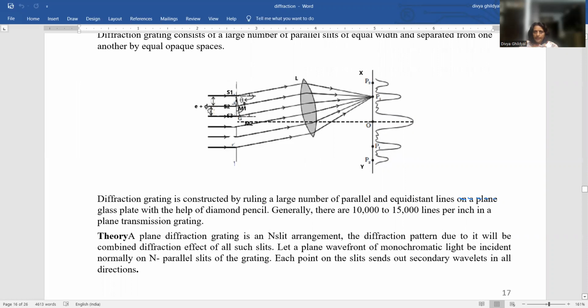So e plus d, slit width plus opaque space, is the grating element. A ray of light falls on these slits, a lens converges them, and you get a diffraction pattern on the screen. In this pattern you can see the central maxima, followed by secondary maxima and minima.